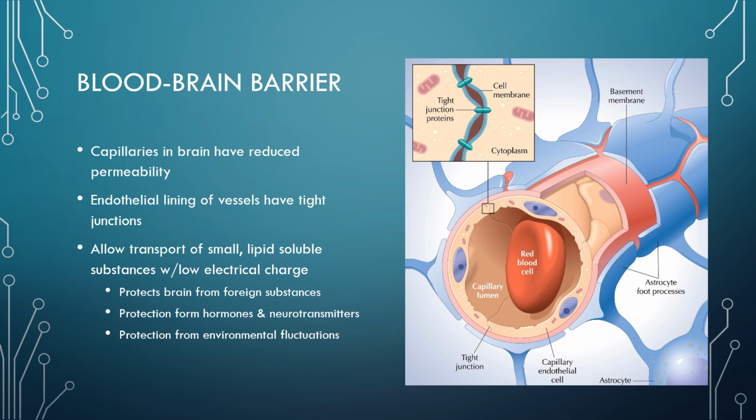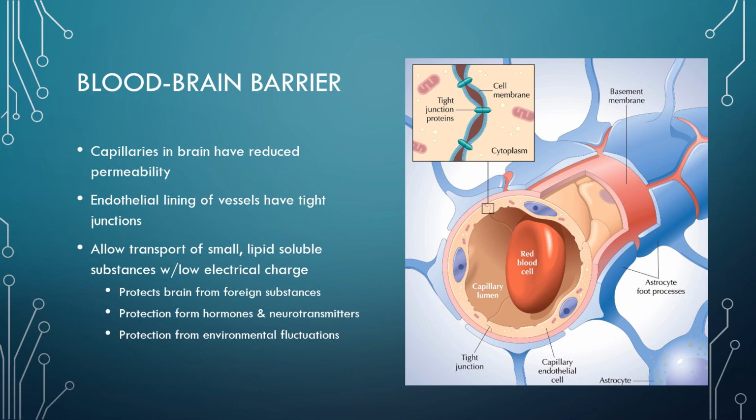So the junctions allow transport of small lipid-soluble substances with low electrical charge, but protects you from foreign substances, hormones or neurotransmitters that aren't supposed to be there, and then also protection from environmental fluctuations like rapid changes in blood pressure.